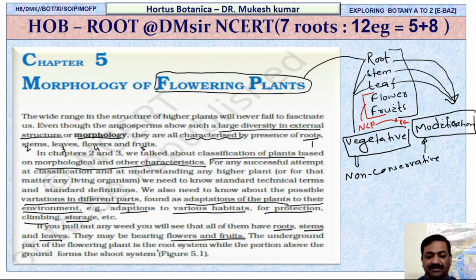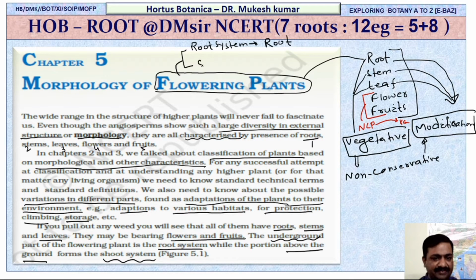Now talk about the root system. The root is the underground part, and the part above the ground is called the shoot system, isn't it? So these flowering plants will also have what? Root system, and it comprises only root.